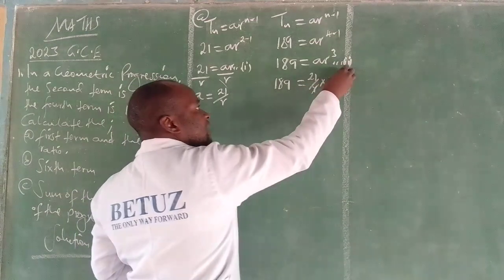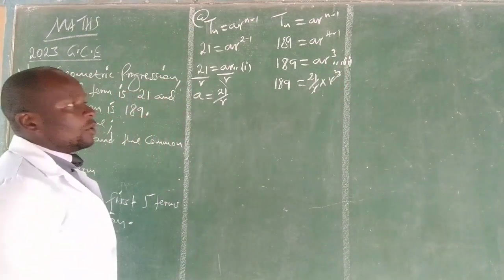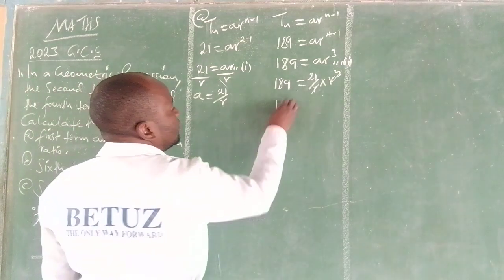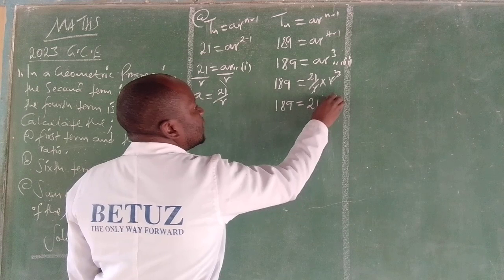One R and one R cancel, leaving R squared. So 189 is equal to 21 R squared.